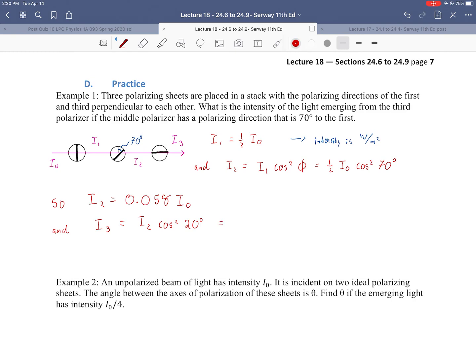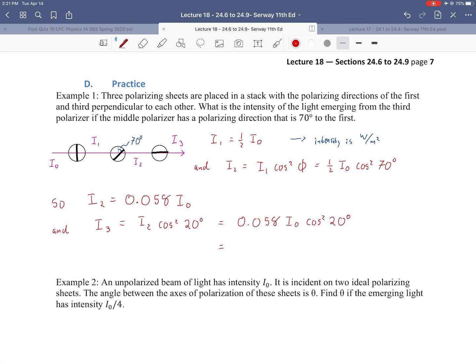All right. So then I'll take my 0.058 I naught, multiply it by cosine squared of 20 degrees, and that will give me, relative to the original sunlight, the intensity. And it's obviously going to be a small amount. There we go. So cosine squared of 20 degrees. And so then we don't lose as much.